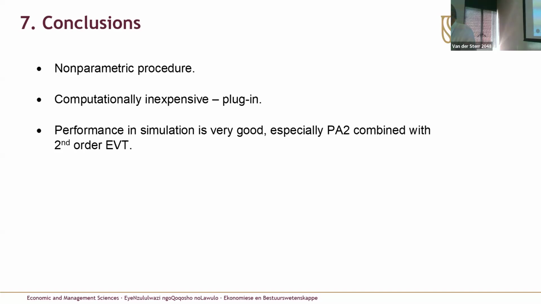So that turned out to be the best combination that we have. And then just to emphasize again, it's non-parametric. So we don't have to worry about the parametric severity underlying distribution, and it's computationally very inexpensive. Just plug it in, and there you go.